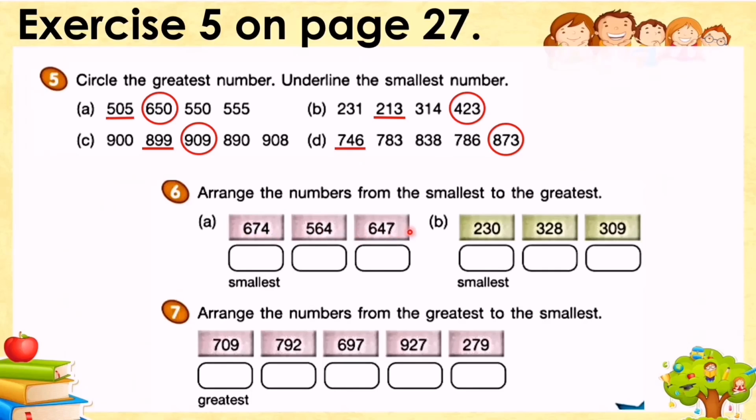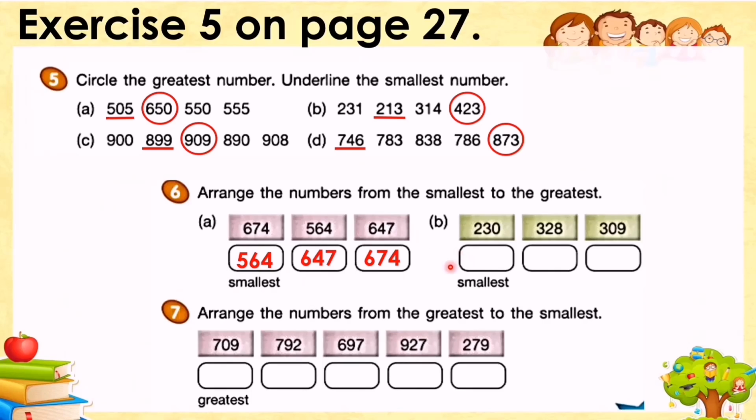Which is the smallest number here? The smallest number there is 564, so you will write it in the first box. Followed by 647, and the greatest number there is 674.